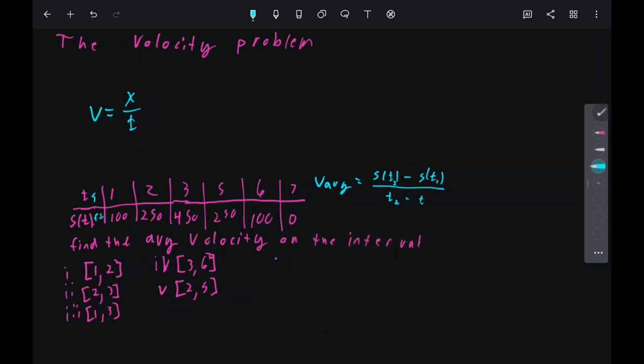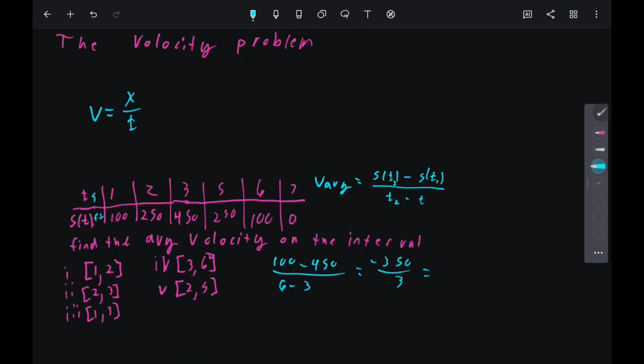And now let's do IV. So, S at 6 is 100. S at 3 is 450. And the time difference is 6 minus 3. So we have negative 350 over 3.